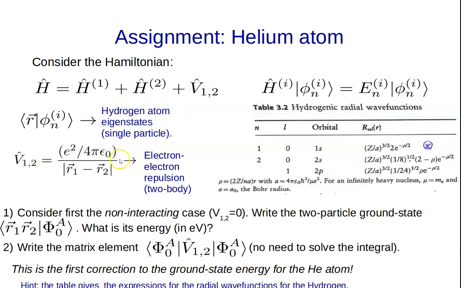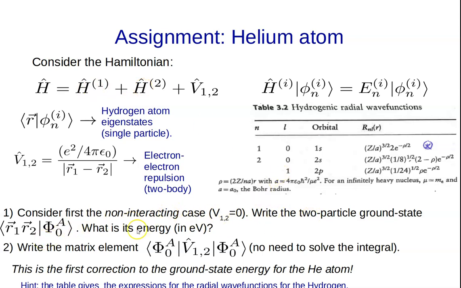This is definitely a two-particle state. So the first thing I wanted you to do is write a basis. The basis is going to be in the non-interacting case, when the Hamiltonian is just the sum of H1 and H2.